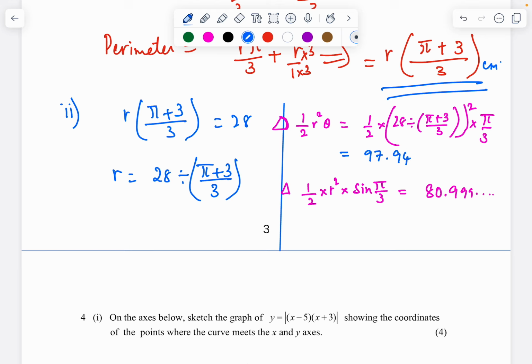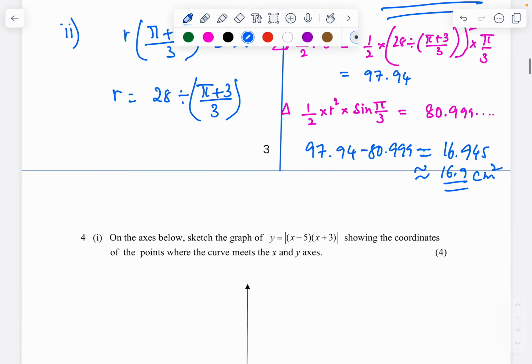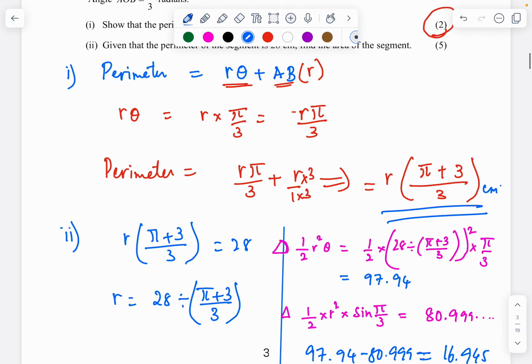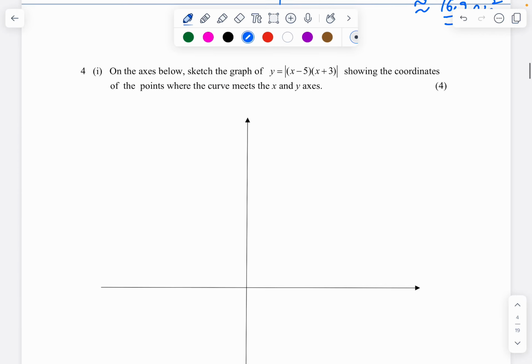So the area of the segment is 97.94 minus 80.999, and this gives me 16.945, which is 3 significant figures 16.9 centimeters squared. So this is our final answer. How many marks? 5 marks. Wow, that was easy actually.